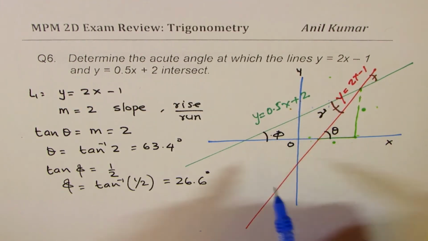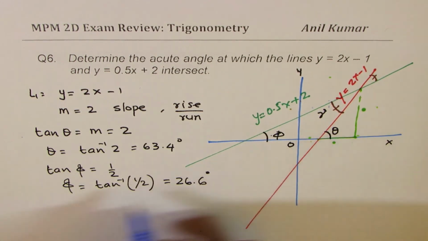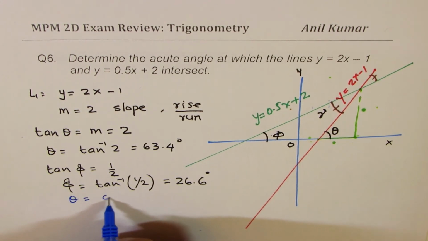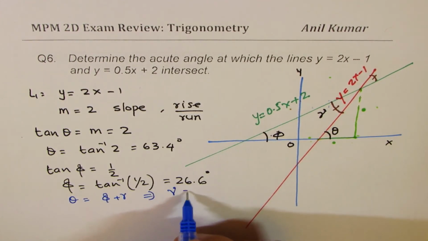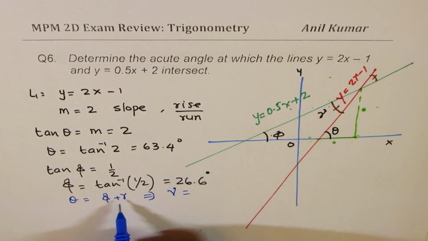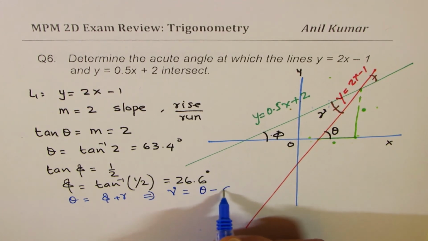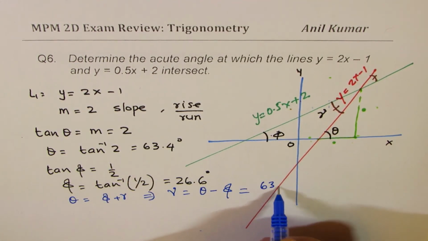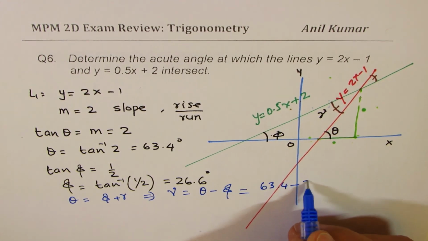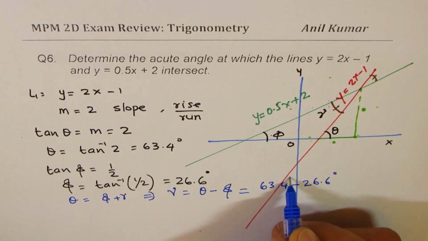Theta is the sum of these two. So we know theta is equal to phi plus gamma, and that gives you that interior angle is indeed equal to theta minus phi, which is 63.4 take away 26.6 degrees, right?